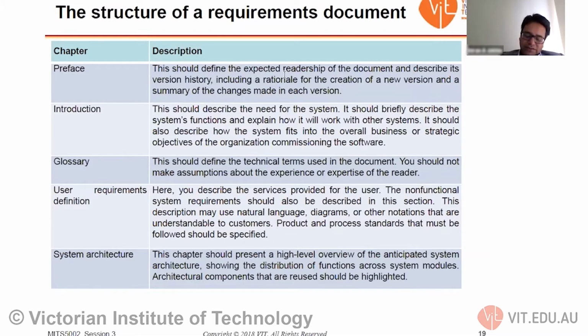The best way is to write them in natural language such as English, with diagrams, pictures, or other notations that are understandable to a common customer, and processes and standards. Everything has to be explained here using natural language. It's not that you just say this is a user requirement and put a code in the document. No, it has to be using natural language, diagrams, pictures, or any of those methods.